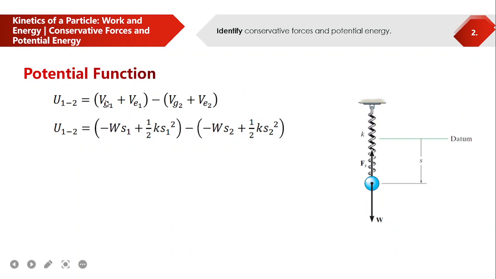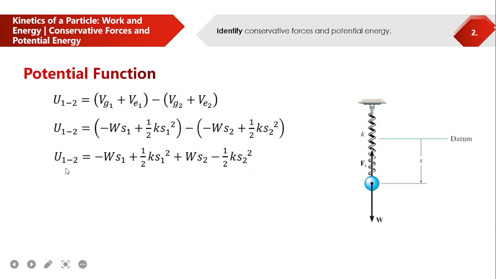Okay, so to find the gravitational potential energy, it is determined by negative, kasi nga below the datum line, W S sub 1 plus 1 half K S sub 1 squared, minus, times negative W S sub 2 plus 1 half K S sub 2 squared.